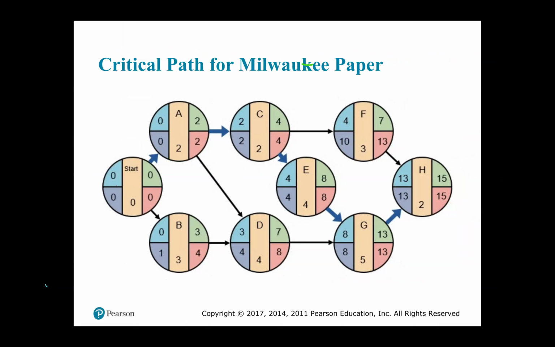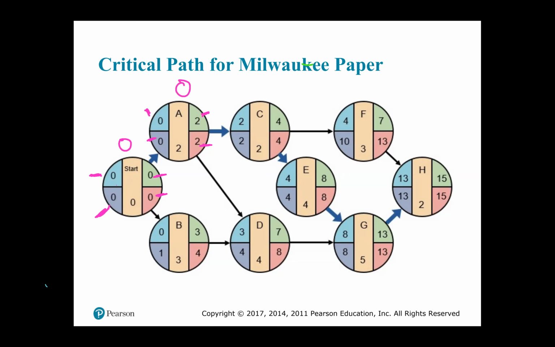So for the start node, the late start minus the early start, 0 minus 0, or the late finish minus the early finish, 0 minus 0, the slack is 0. For activity A, the late start of 0 minus the early start is 0. 2, late finish minus early finish 2, that slack is 0.